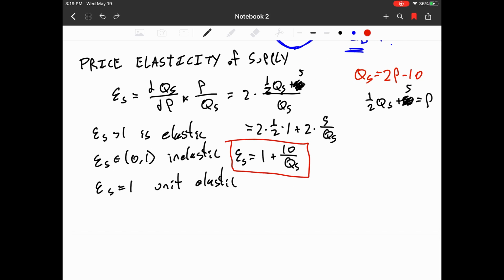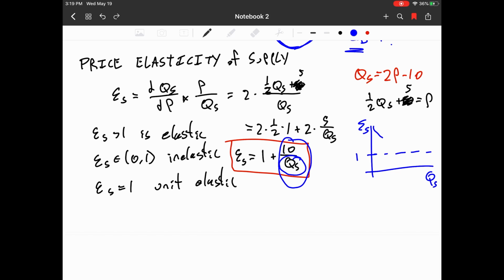And so again, we can try to sort of classify the relationship here. So you can see as quantity supplied gets larger, this whole second component is going to 0. And we have 1 here.